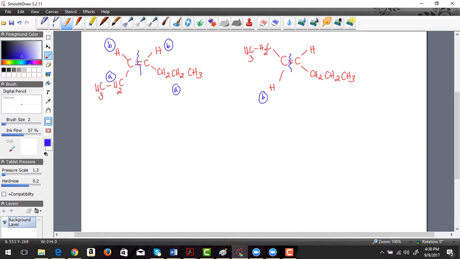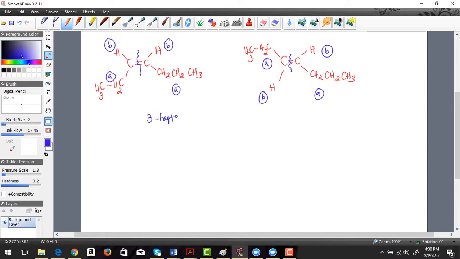This is B, this is A, this is A, this is B. You still have to follow the long chain to get the longest chain, and we know that it was 1, 2, 3. You start from the side that contains fewer carbons on either side of the double bond. This contains fewer carbons, so 1, 2, 3, 4, 5, 6, 7. We said it's 3-heptene, right?